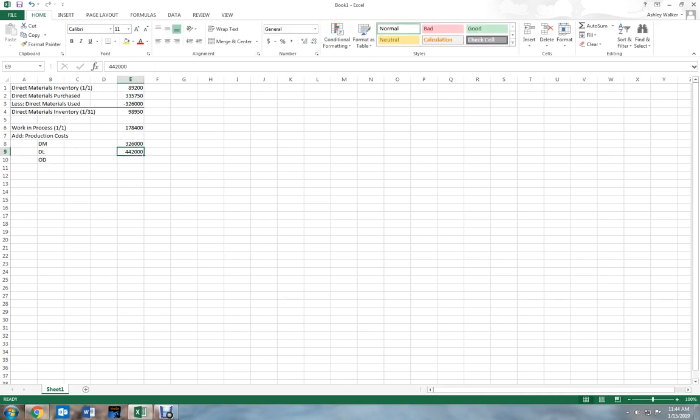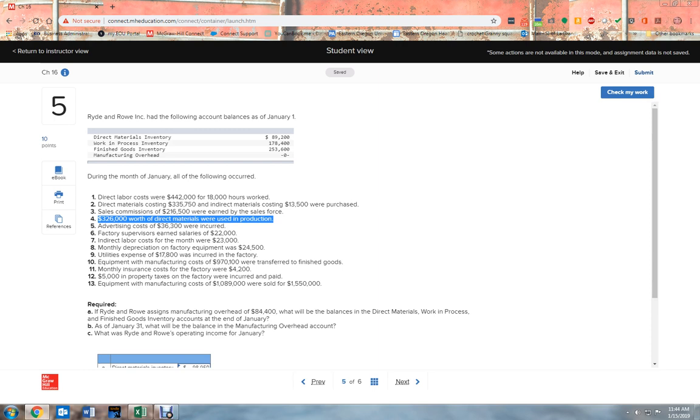Okay, then overhead. I need to look through my transactions: advertising costs, factory supervisors, indirect labor costs, monthly depreciation. Nope, nope, nope. Where's our overhead at? I need to look for assigned overhead. Oh, that's not in my transactions.